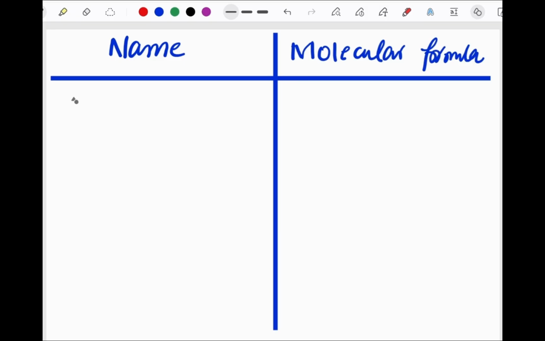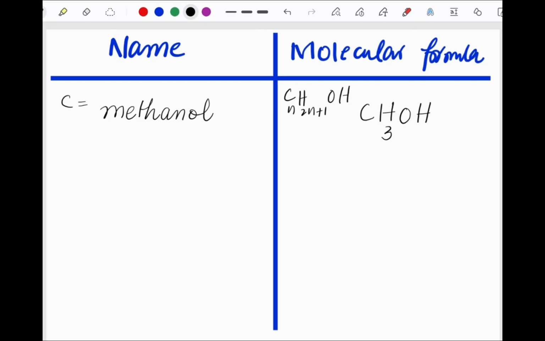For example, if I want to prepare an alcohol with carbon number 1, the name would be methane, but I will drop this E and add ol. Now just keep this general formula in your mind, that is CnH2n+1OH. So carbon number is 1. So carbon 1, H, 2 into 1 is 2, plus 1 is 3, and OH.